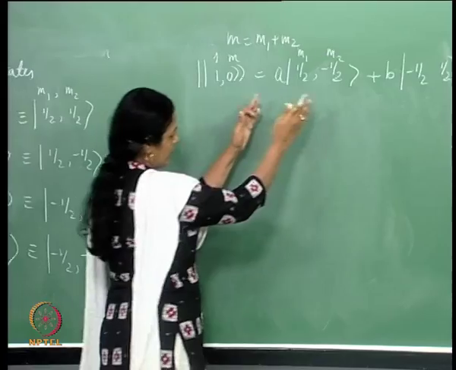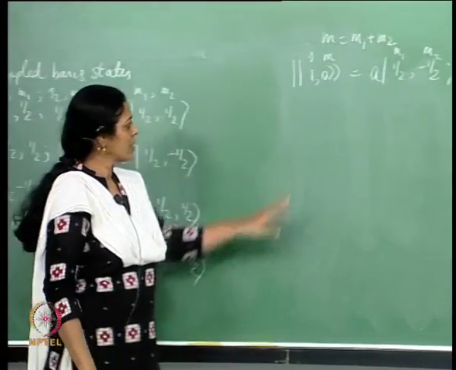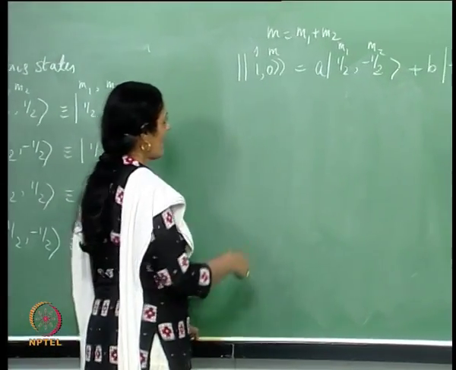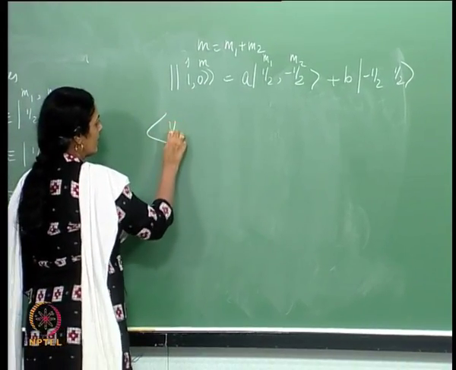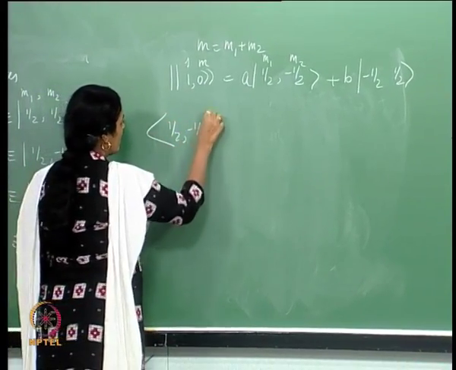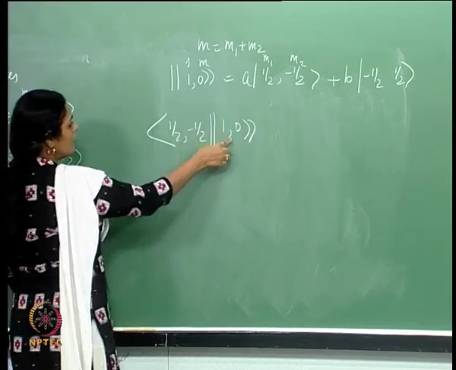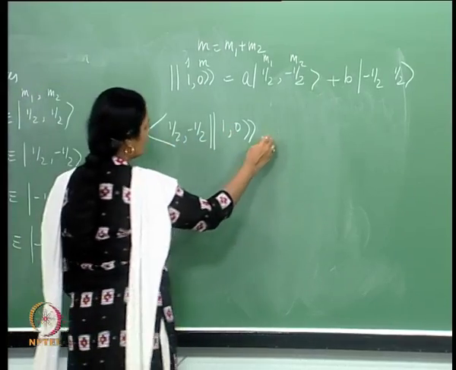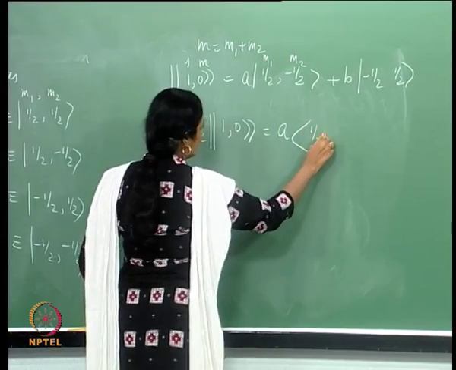These are distinct states, and therefore, there is a superposition of these two states to give me 1 0. Suppose I want to find out this coefficient. It is clear that if I did this, that means take the inner product of half minus half with 1 0, that should give me the following.